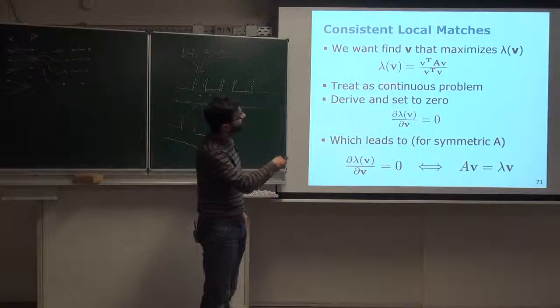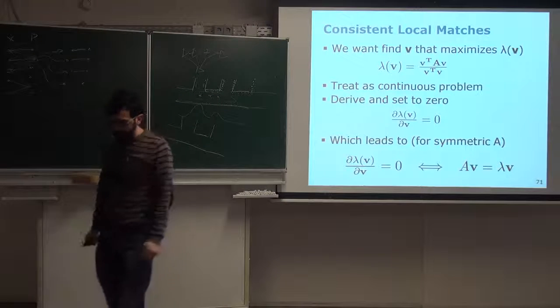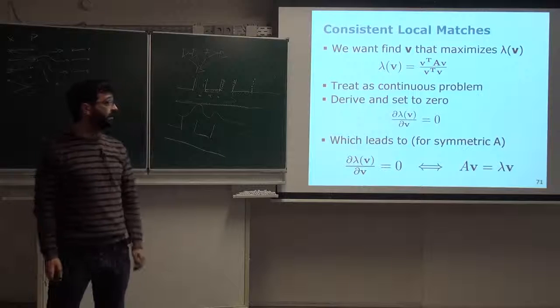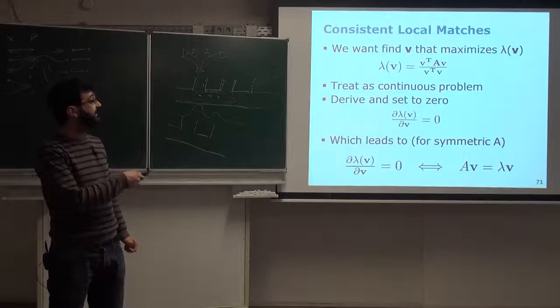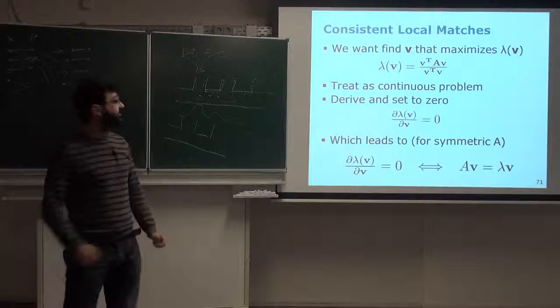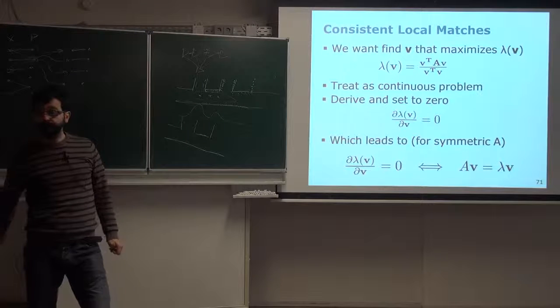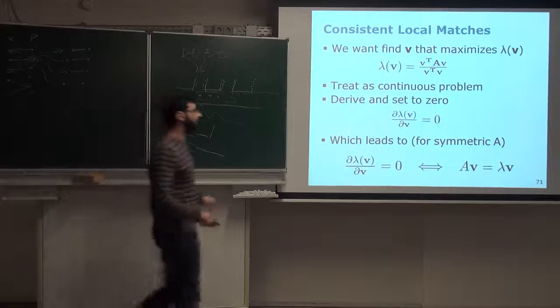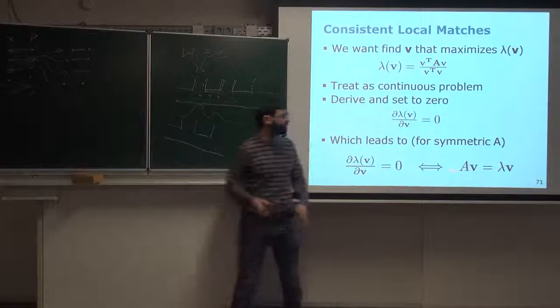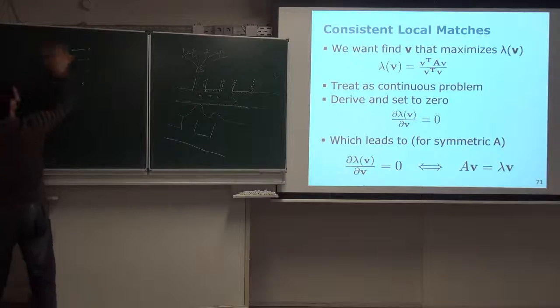Now, if you take this as a continuous problem, you have a continuous estimation problem. It's non-convex, but it has a very nice form, because if we take the gradient and put it to 0, we end up with an eigenvalue problem. So this is an eigenvalue problem. We can easily derive it if you want.